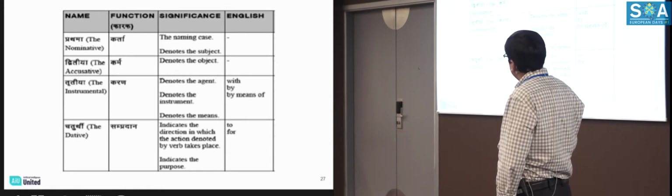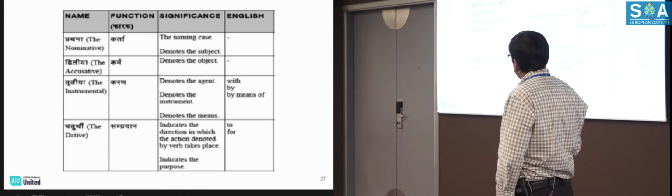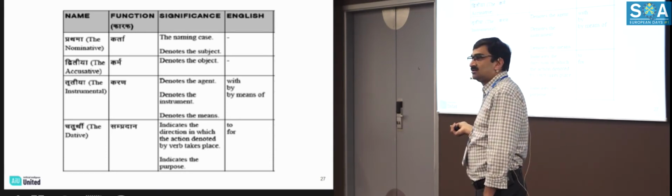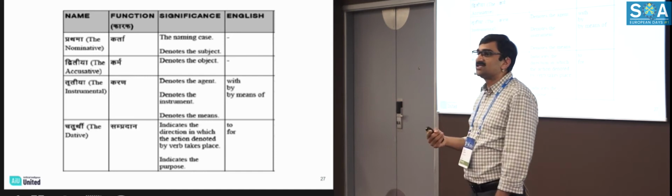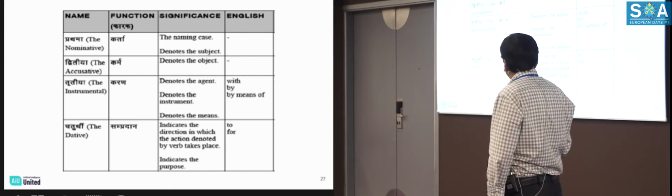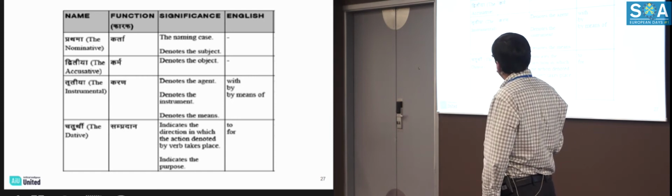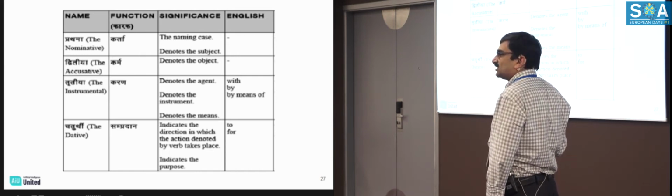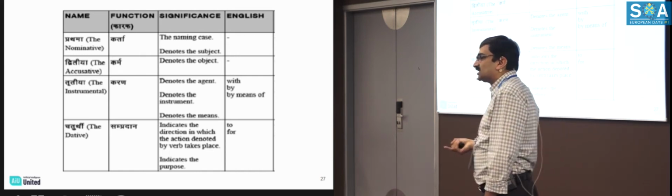The subject, the object, but then how is the subject doing the action on the object? What is the agent? What is the thing that is being used to do this action? What are the means by which this thing is being done? Okay, this is being done, but for whom it is being done or to whom it is being done.